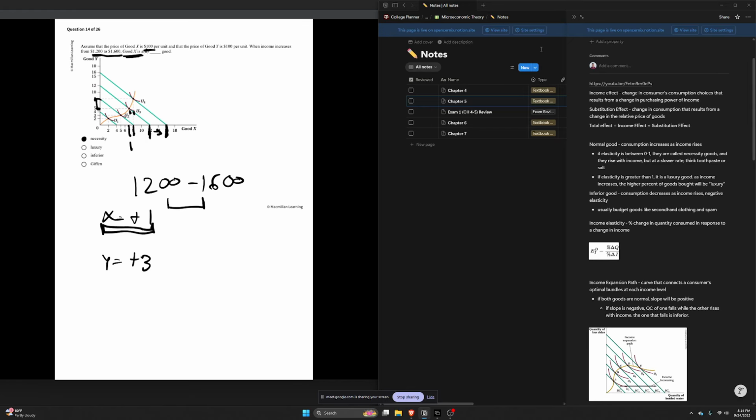So a 33% change in income, what was the change for X? That would be from 7 to 8. What's 1/7 in percentage? 1 divided by 7. It's a 14% increase.